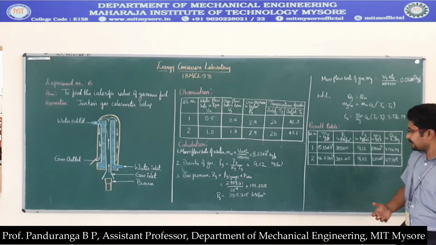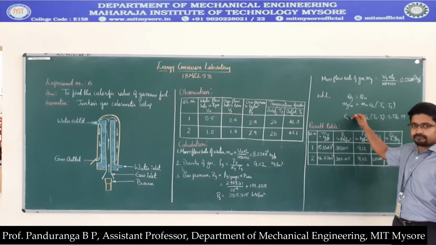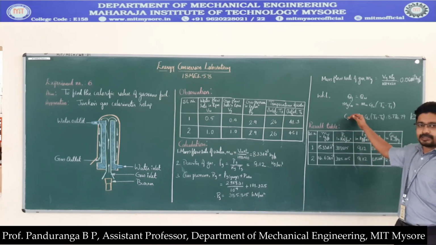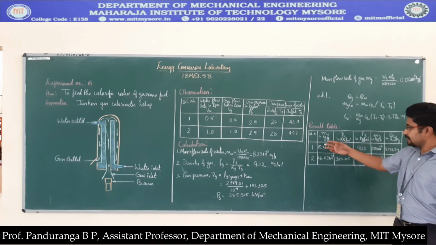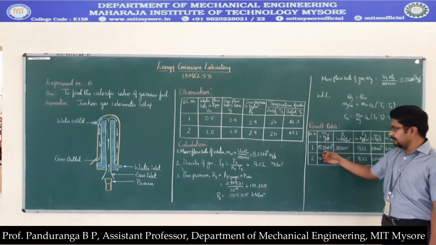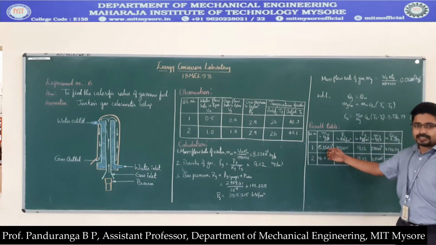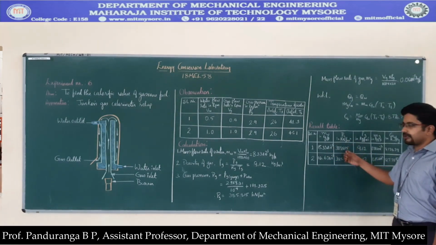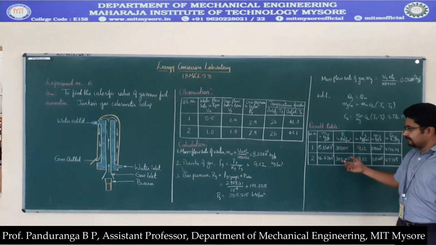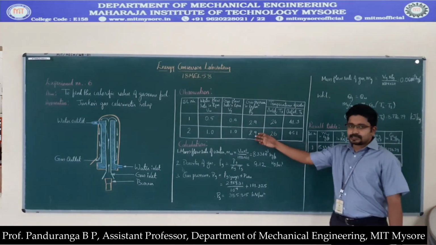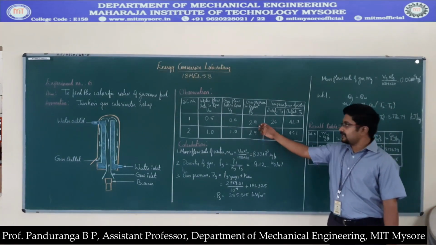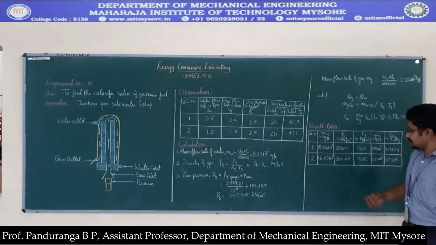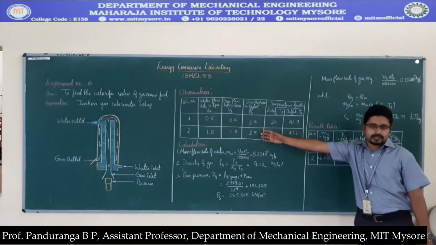And we have done the calculation for the second trial, and that has been tabulated in the result table. So in the result table, for the first trial, mass flow rate of water is 8.33 into 10 to the power of minus 3 kg per second. Pressure of gas remains same for both the cases because Pg is same for both the trials, that is 2.9 kg per centimeter square.